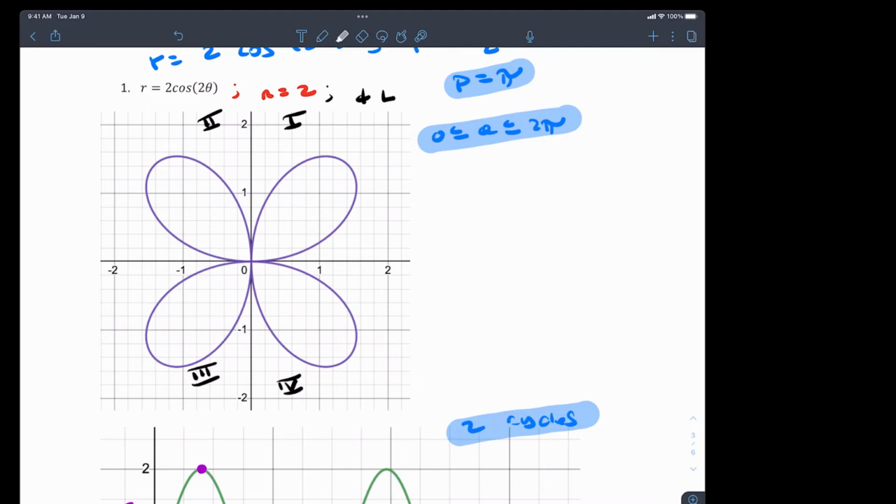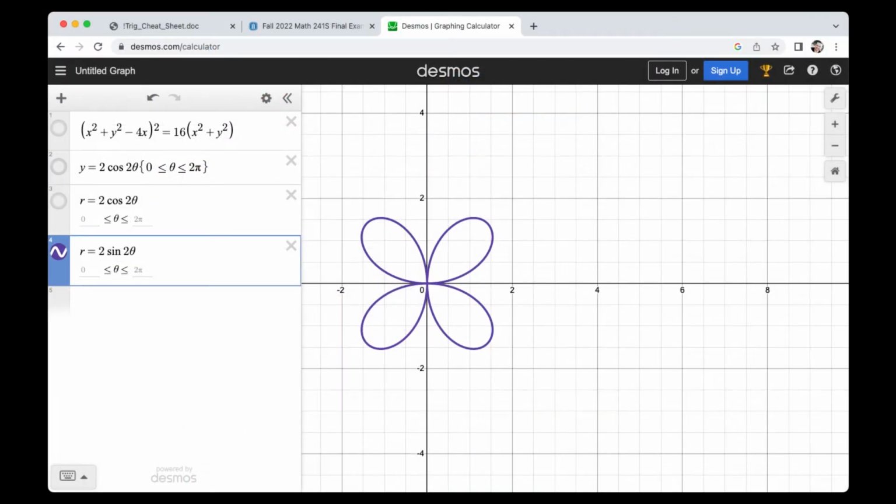Yeah, I really screwed it up. I believe this is not the right curve. It might be R equals 2 sine 2 theta. And let's do this. And yep, so I'm going to do this fix. Thank you for catching the screw up. This is R is 2 sine 2 theta.